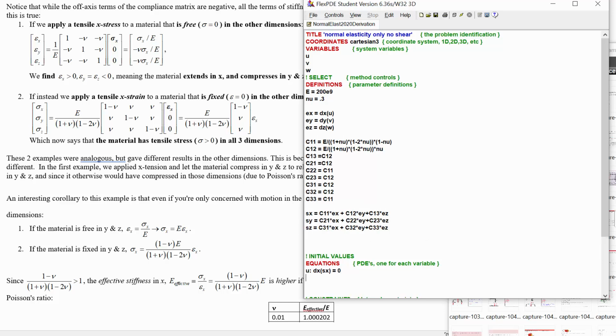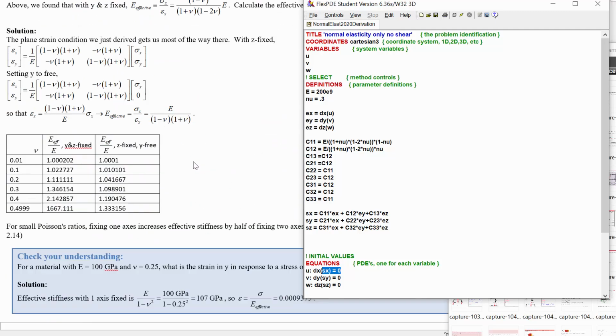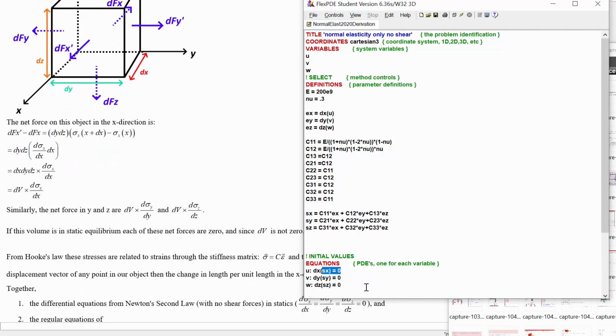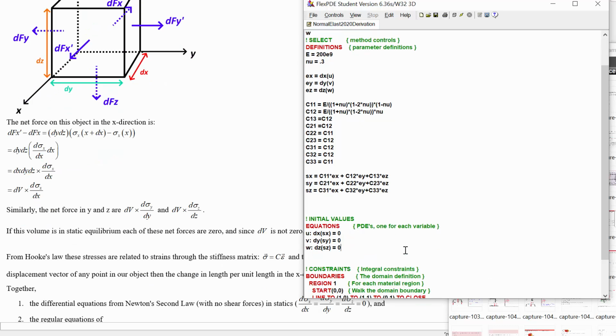And we have our differential equations, which are okay as long as we have only normal forces. Then for it to be in equilibrium, we need no slopes of x stress in the x direction, no slope of y stress in the y direction, and no slope of z stress in the z direction. And that's the differential equations we're solving.